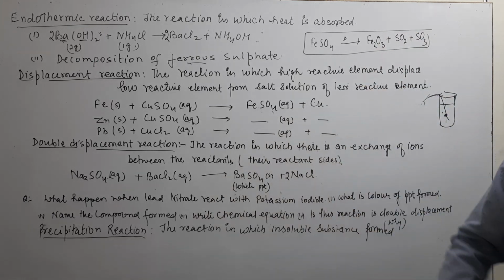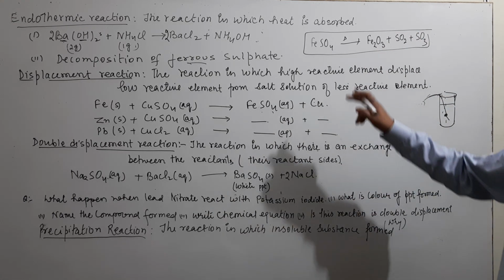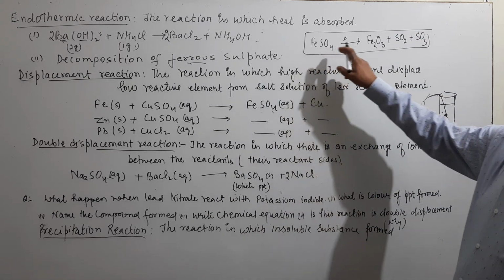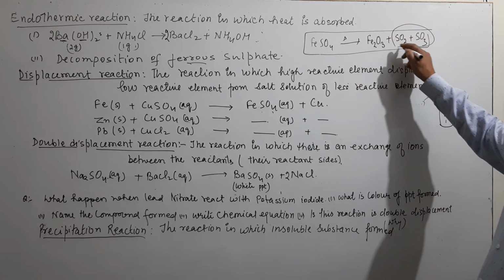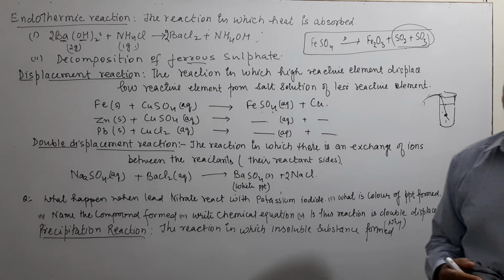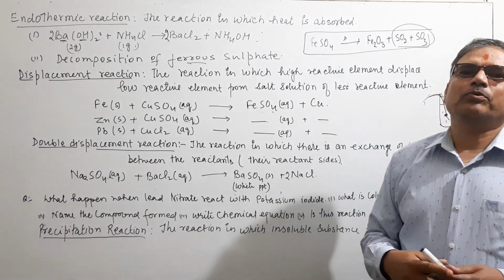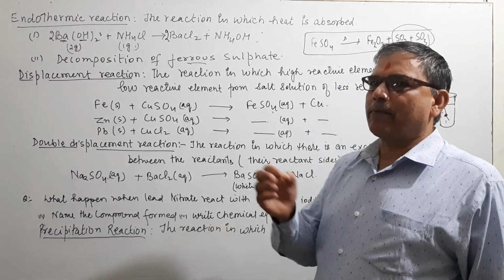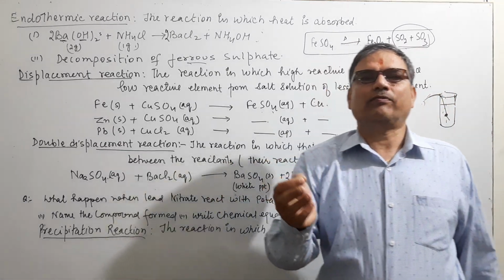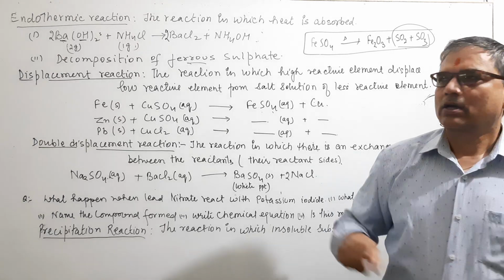This is also an endothermic reaction, and you know the color of FeSO4 and the color of Fe2O3, and the smell of the gas released during the decomposition of ferrous sulfate. Sometimes the question will ask what happens when ferrous sulfate decomposes.